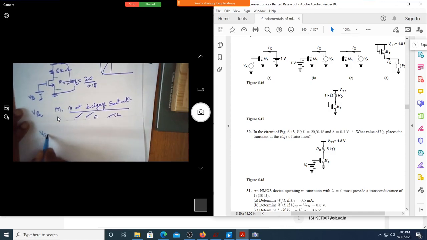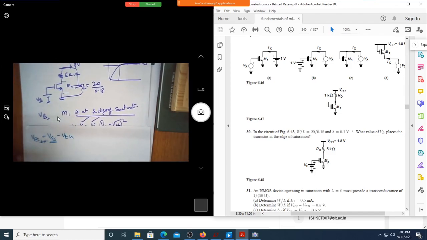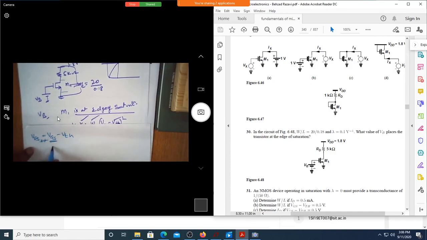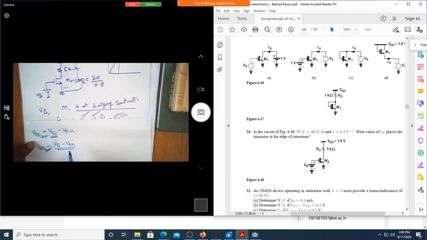VGS minus VTH. VGS minus VTH is VDS sat. Perfect. But what is VGS in this case? VB. Okay, fine. So shall I write it as VB minus VTH? Correct? Yes, sir. So this is VDS sat.